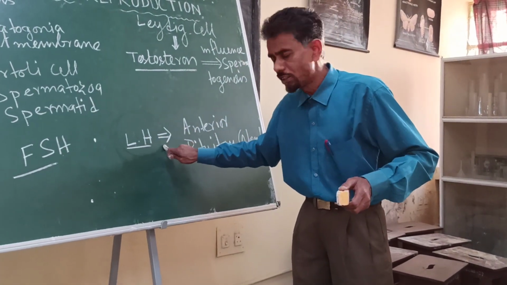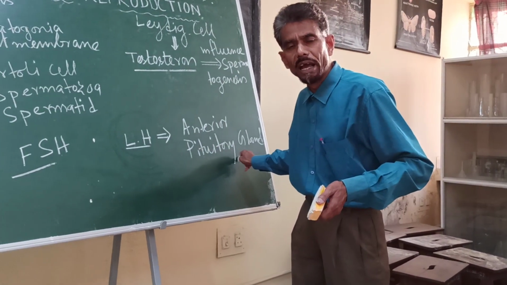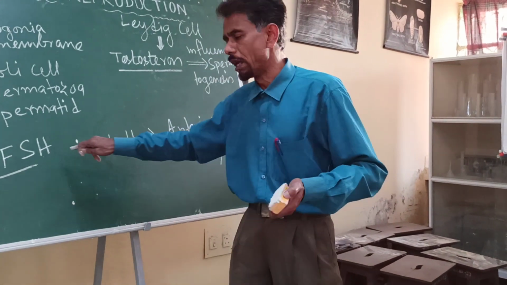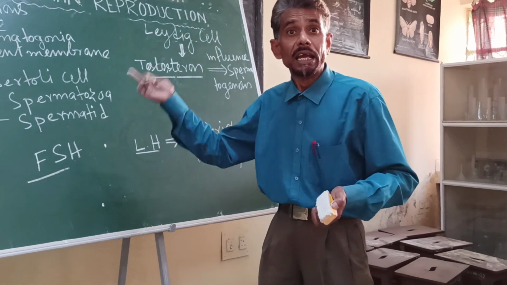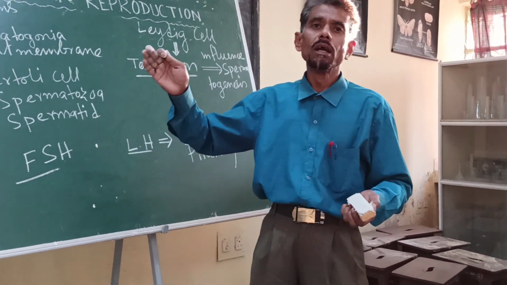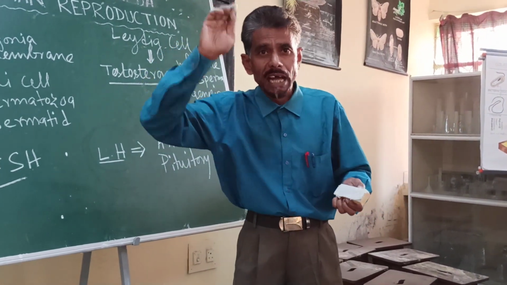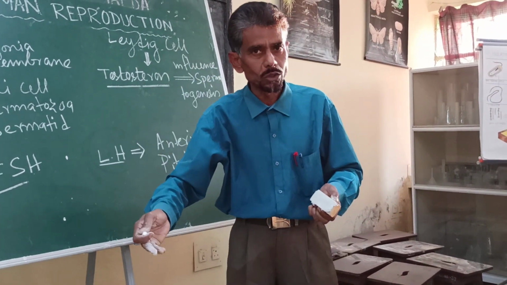FSH and LH are secreted by the anterior pituitary gland, again guided by the gonadotropin produced from the hypothalamus.